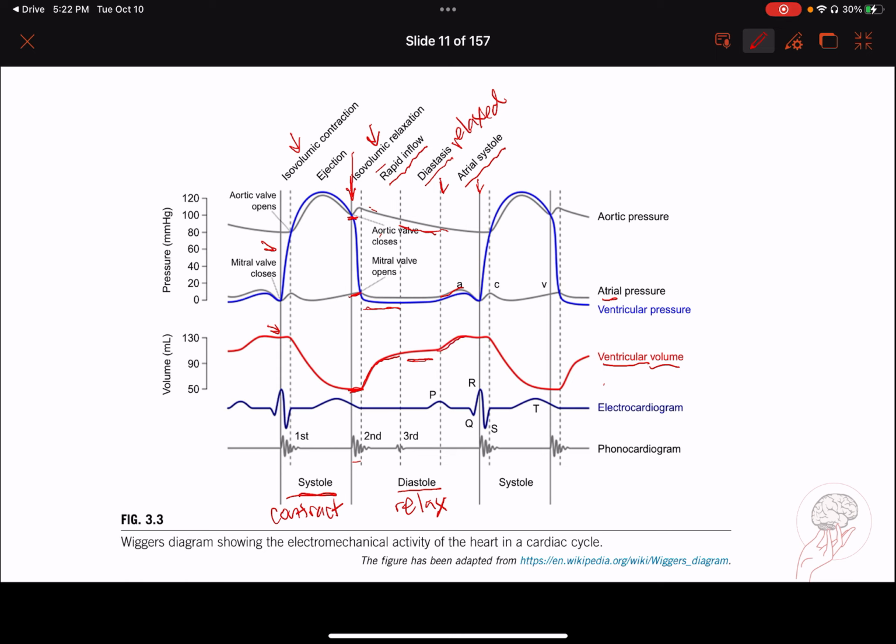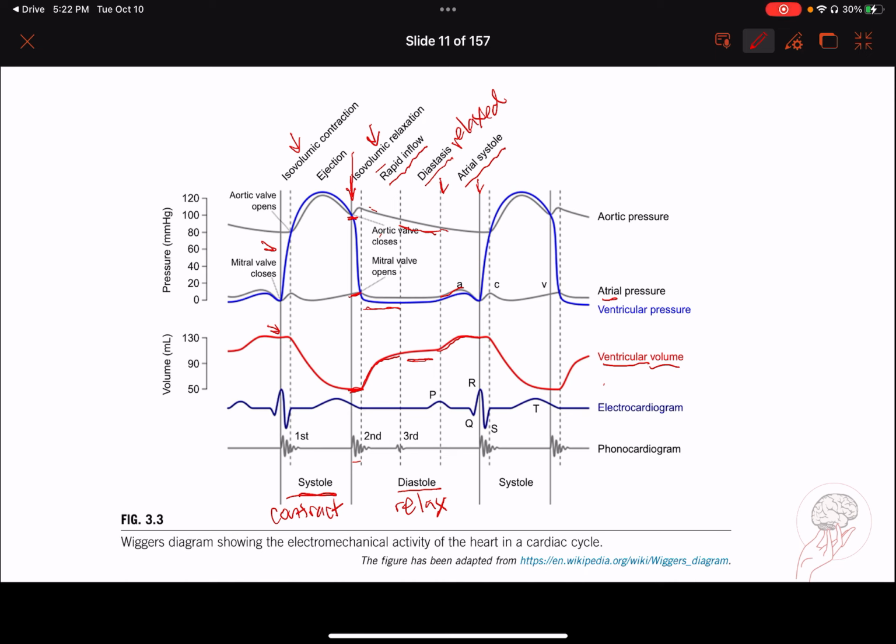We see that the ventricular volume starts to increase because now the atrial pressure is pushing more volume into the ventricle. We're going to see our PQR phase of the electrocardiogram.